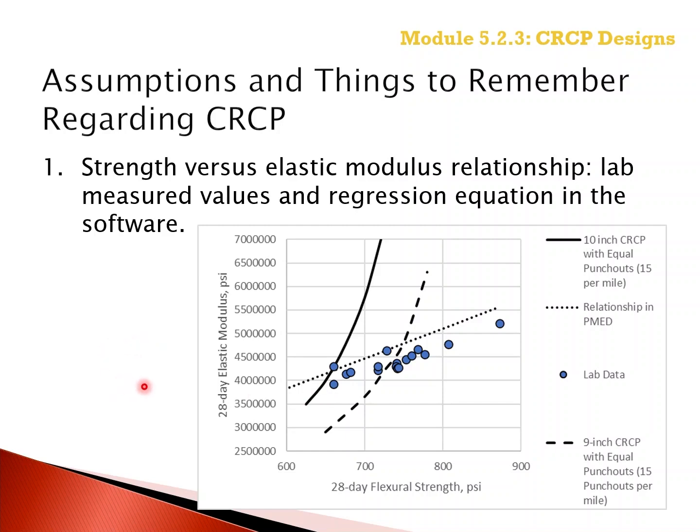If the concrete strength elastic modulus relationship embedded in the Pavement ME design software was used for calibration, then that relationship, the regression equation, should also be used for design, because there is a bias between the laboratory and regression equation included in the Pavement ME design software.